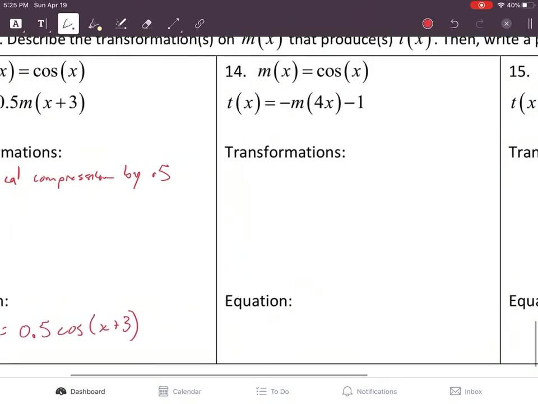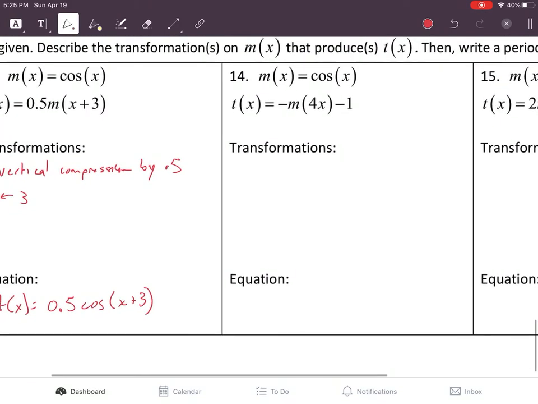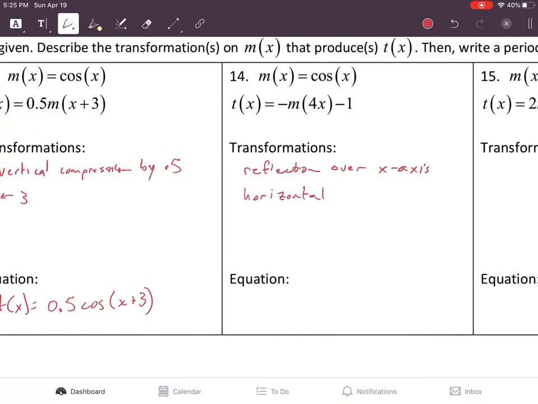Okay, next, for 14, our transformations are, we have a reflection over the x-axis. We have a horizontal compression by 4.